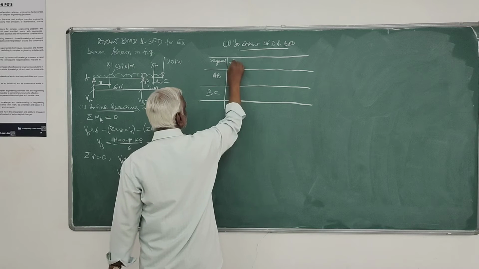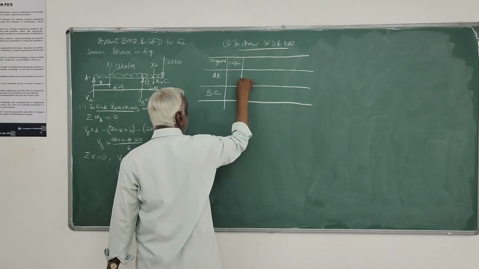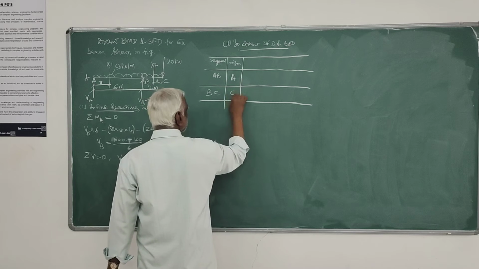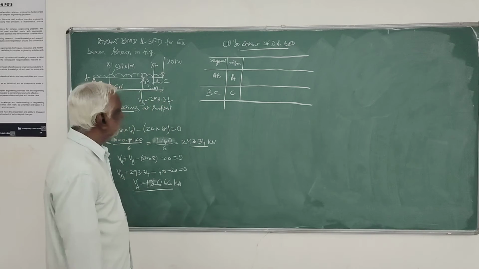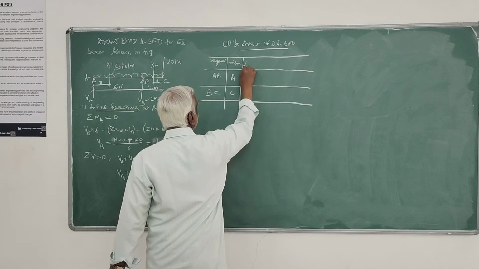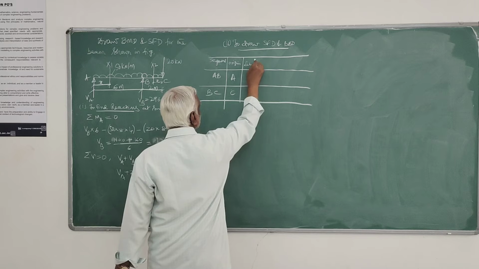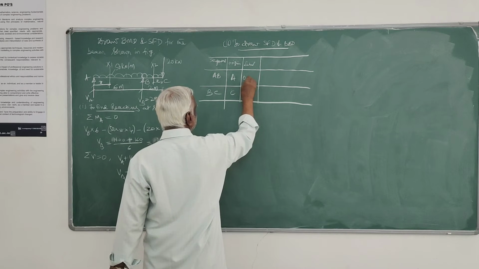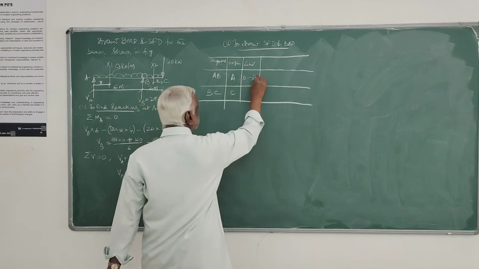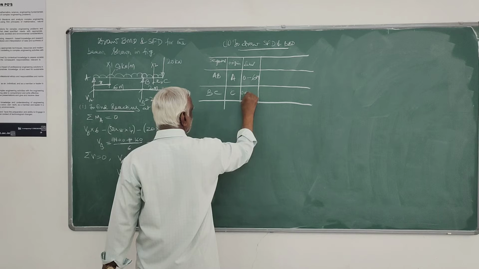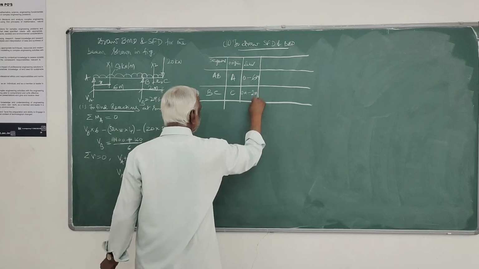So for measuring the distance, the origin I am taking A for this AB, for BC portion I take C. The distance limit for AB portion from A is 0 to 6 meters. For CB portion, again 0 meters to 2 meters.